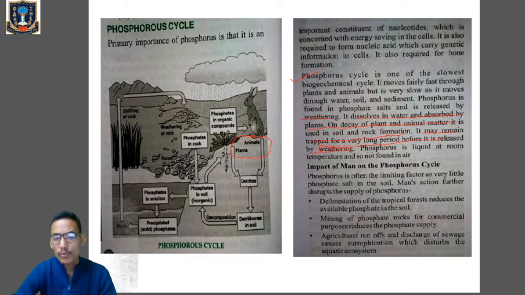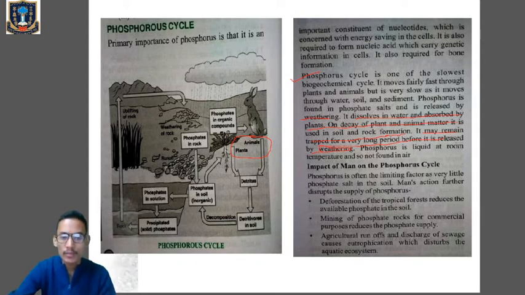Phosphorus is liquid at room temperature and so not found in air. Simply, mainly phosphorus is present in the form of phosphate salts and is only released by the process of weathering. Okay, so it will dissolve in the water, and since it is dissolved in the water, it will be absorbed by the plants. And whenever the plants and animals decay, they will decompose by the process of decomposition. Clear?